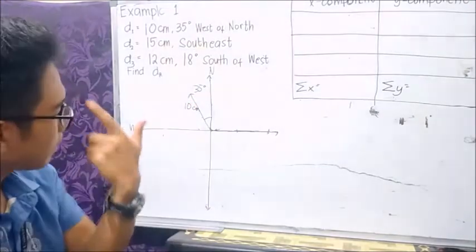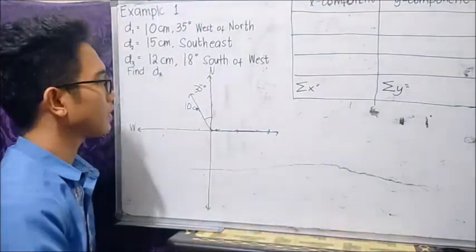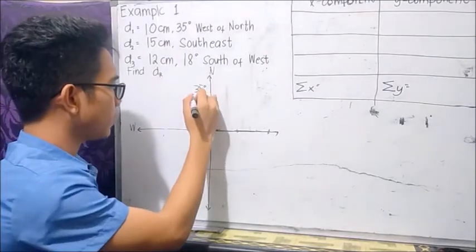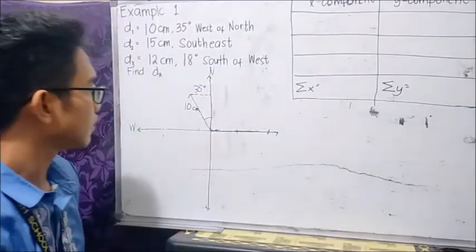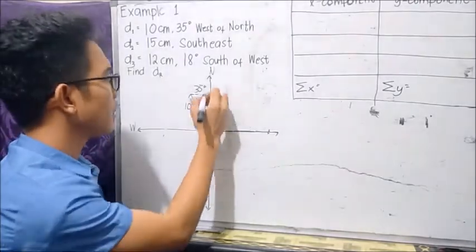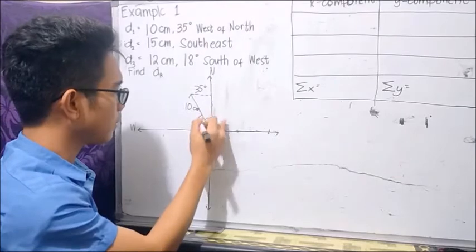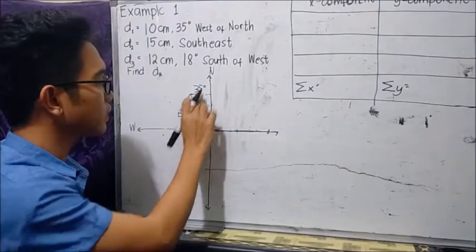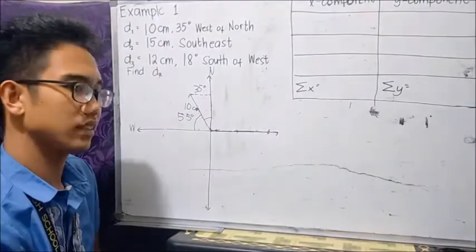Okay, let us identify the x and y component of this. So the x component is this side. Now before we proceed, this is 35 degrees, then this is also equal to 55 degrees. 55 degrees plus 35 degrees is equal to 90 degrees.